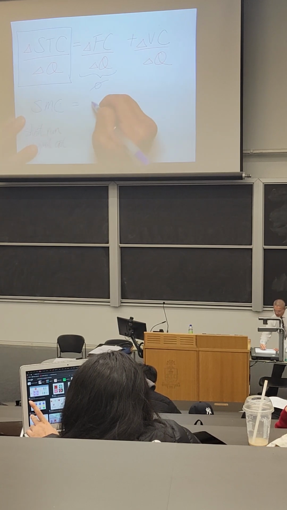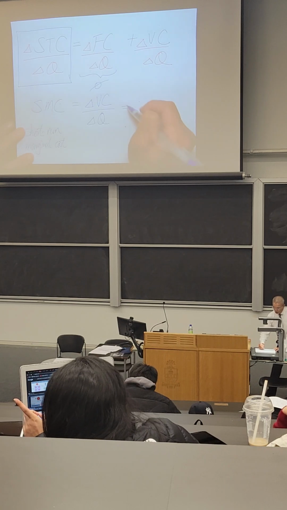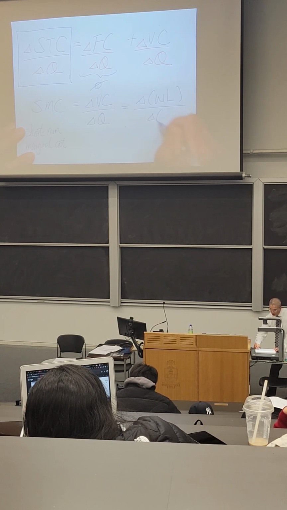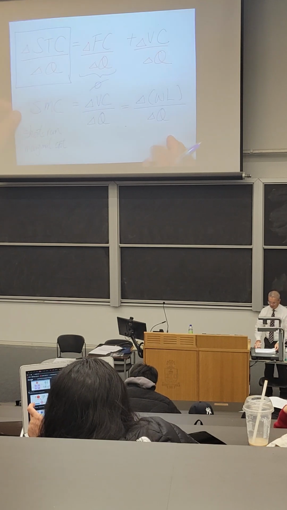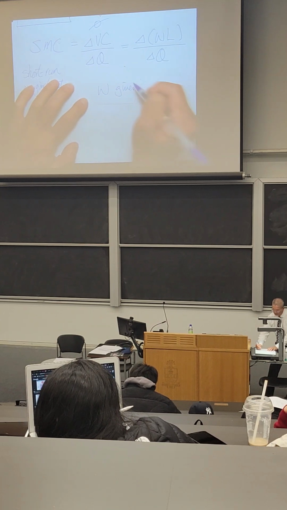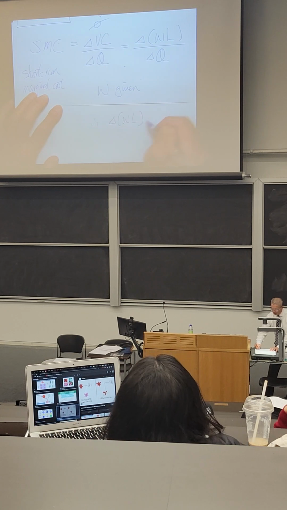Short-run marginal cost equals change in variable cost over change in output. Change in variable cost means change in wages times labor inputs over change in output. Wages are given, and therefore change in wages times labor input is simply wages times the change in labor input.